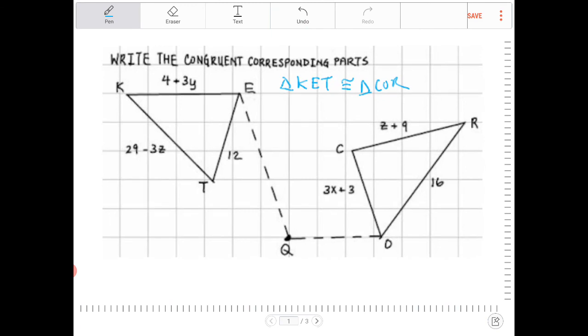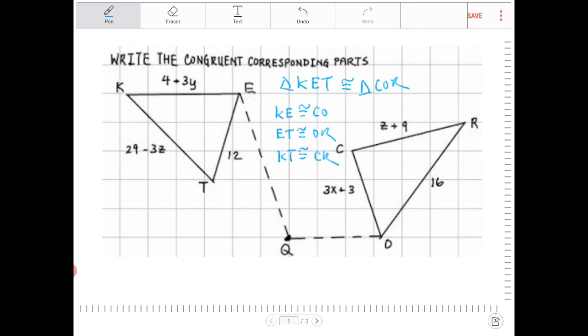So, triangle KET, I have side length KE corresponds with CO. ET corresponds with OR, and KT corresponds with CR.